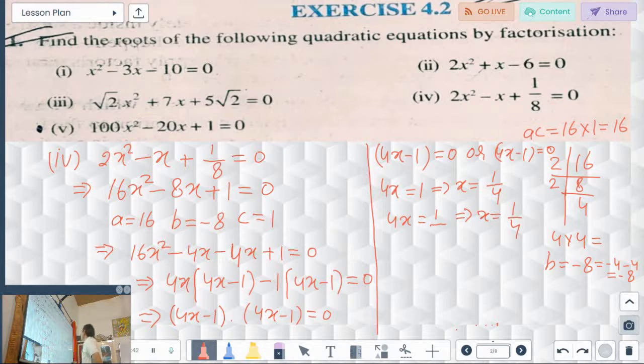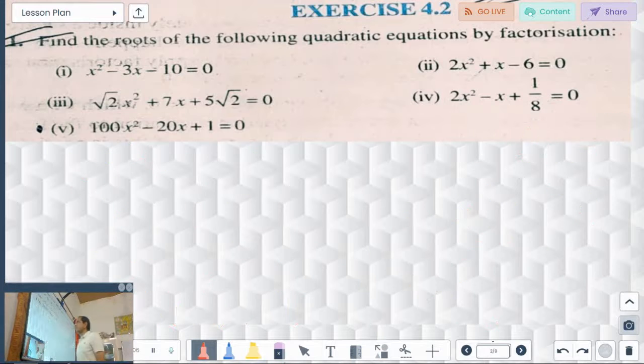So the factors of the quadratic equation are 1 by 4 and 1 by 4. Answer.